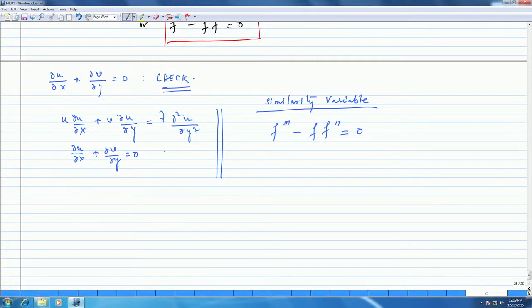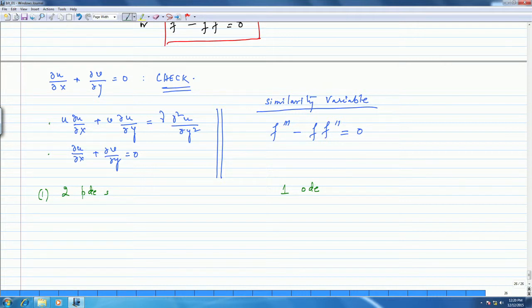So what we have essentially done is taken two PDEs, two partial differential equations, and converted them to one ordinary differential equation.